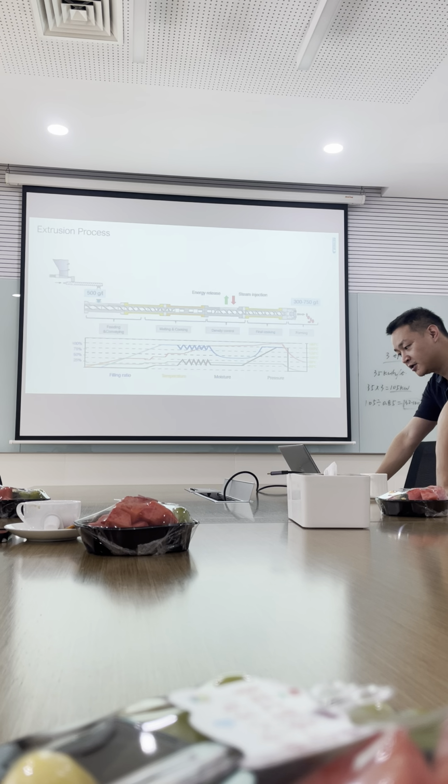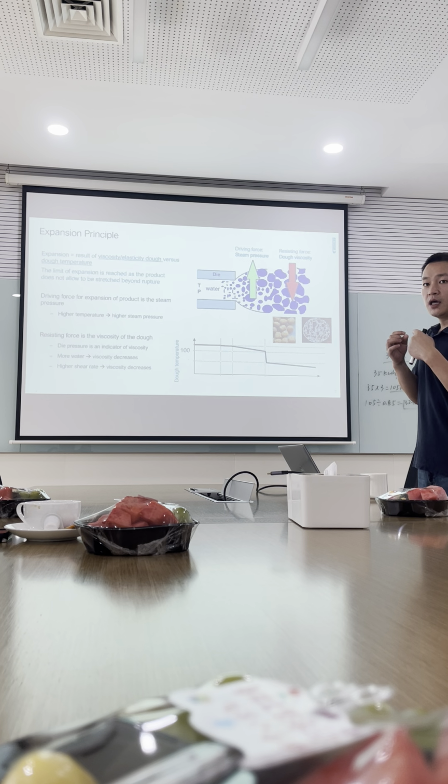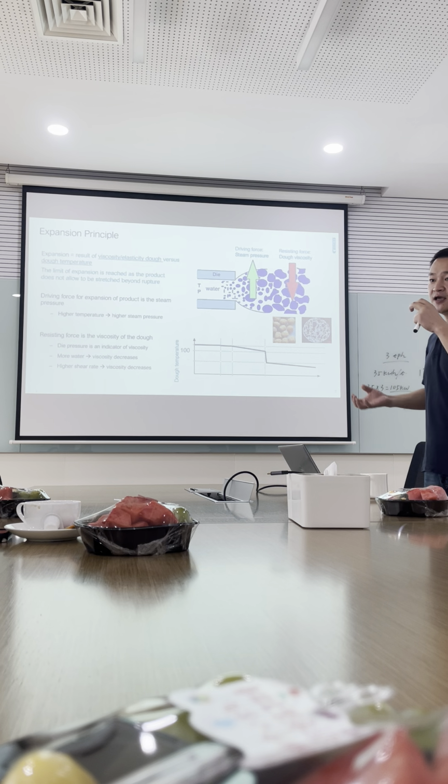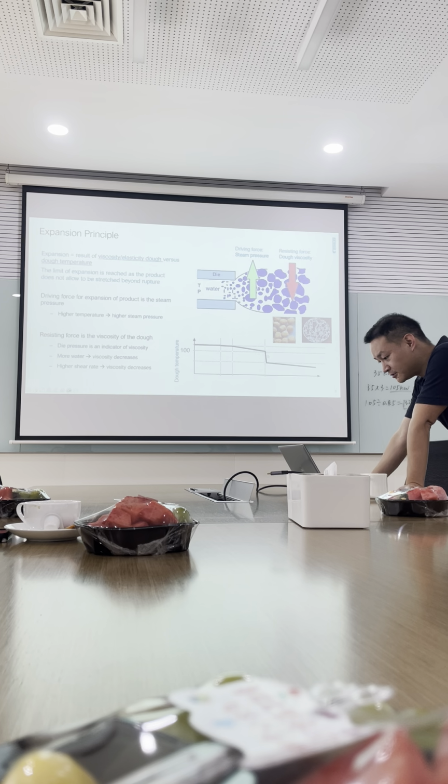And that explains why a strong screw configuration can achieve a lower bulk density, because viscosity is lower, and resisting force is lower, because resisting force is from the viscosity of the material. If the material is too thick, viscosity is too high, then the pressure and the steam can't go through this film because it's too thick, right? So it's not easy to get expanded. This is very easy to understand.